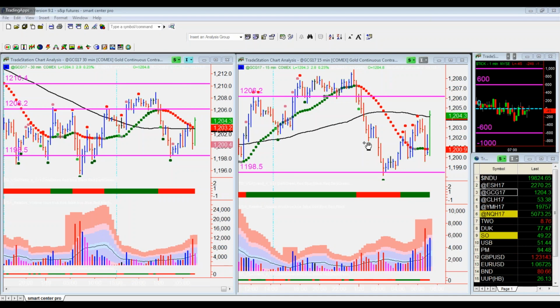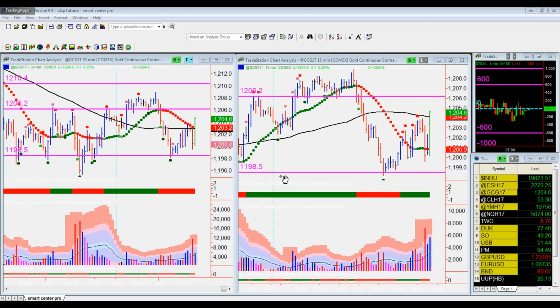Right now, gold's pushing up to an area of possible resistance up here at 06, but we'll have to see what the S&Ps will do as well. What may happen is it may blow through that 06 to get to 1210, but as you see here on the 15-minute chart and the 30-minute chart, a widespread up bar into this 06 level, rounded over and trapped it.